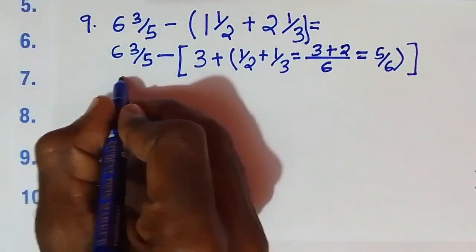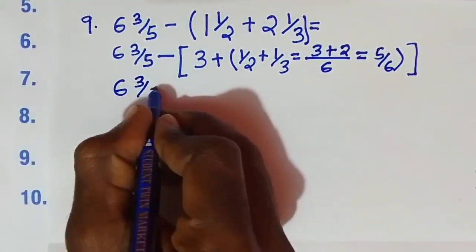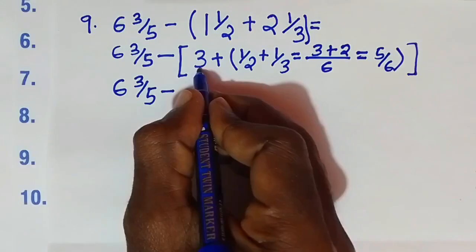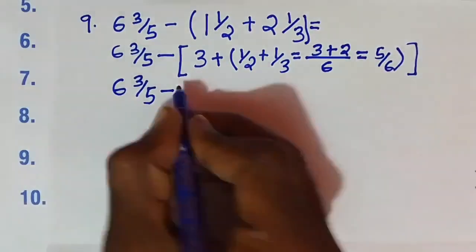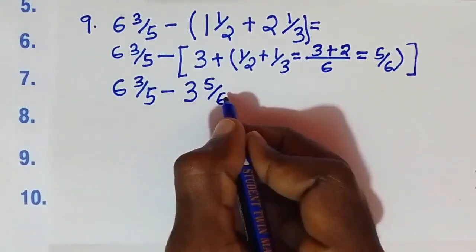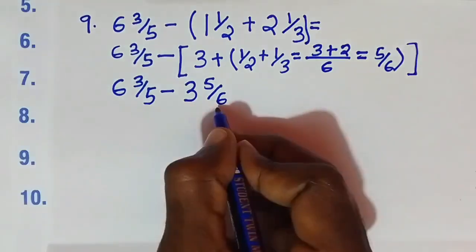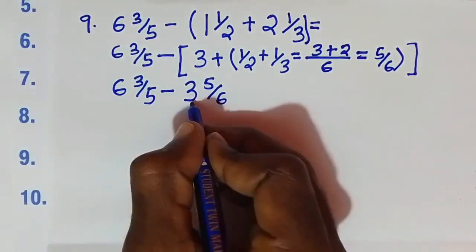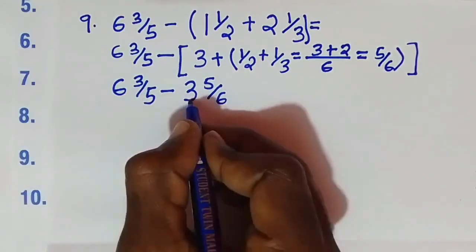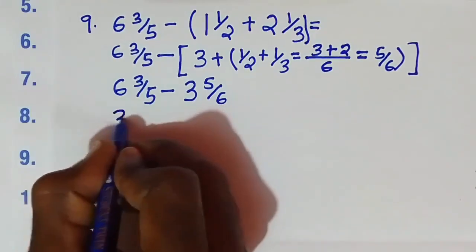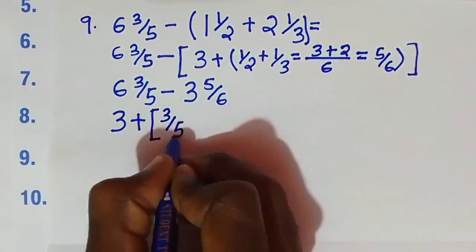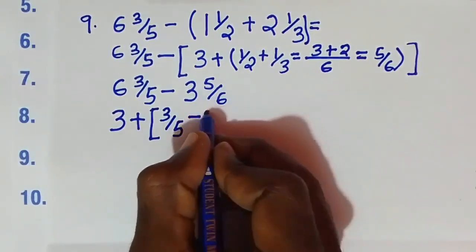So 6 3 over 5, take away. Here we get 3 whole number, 5 over 6. Now we can go and take away. We take the whole number, take away whole number, that is 6 take away 3, we remain with 3, plus 3 over 5, take away 5 over 6.